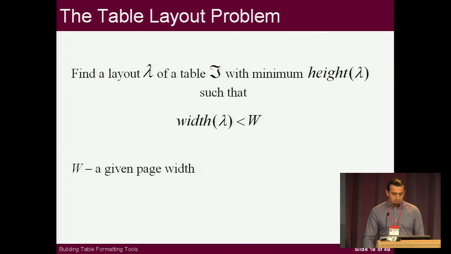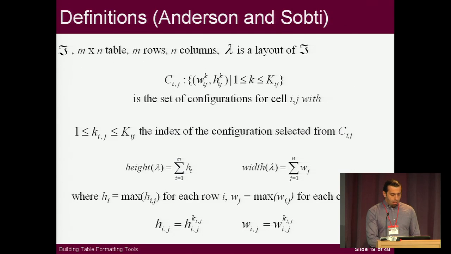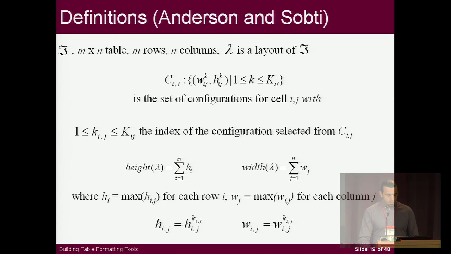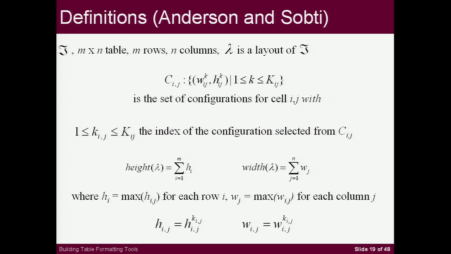So the table layout problem basically says finding a layout of a table with a minimum height such that its width is less than the page width. Anderson and Sobti gave a formal definition of the problem for tables that contain text. And basically, don't be put off by the amount of mathematics and indexes.